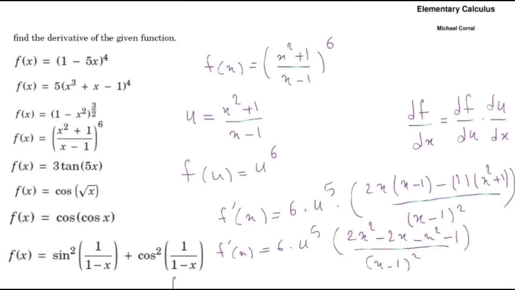So f prime of x equals 6 times ((x squared plus 1) over (x minus 1)) to the 5th power times (x squared minus 2x minus 1) over (x minus 1) squared.